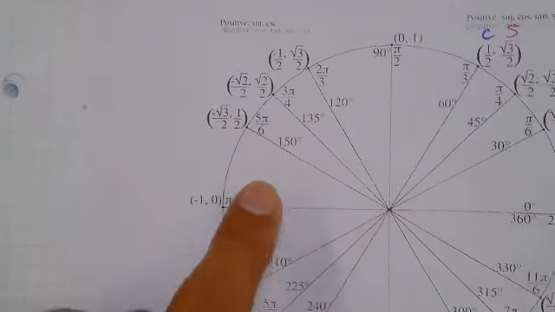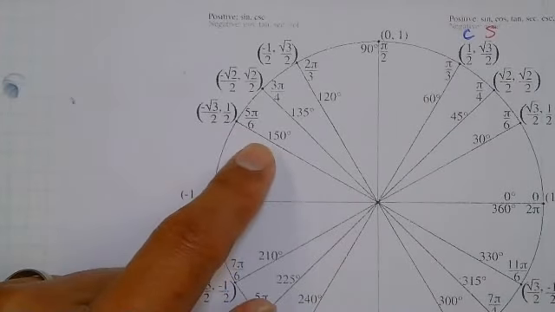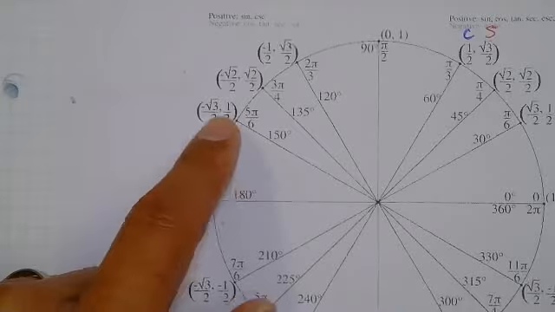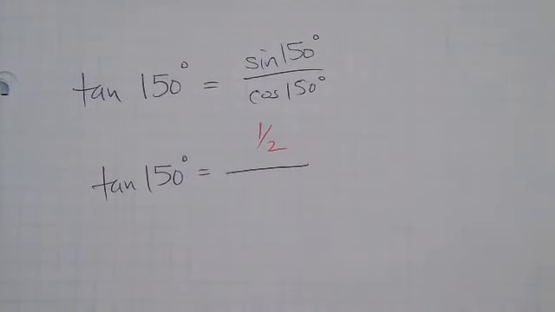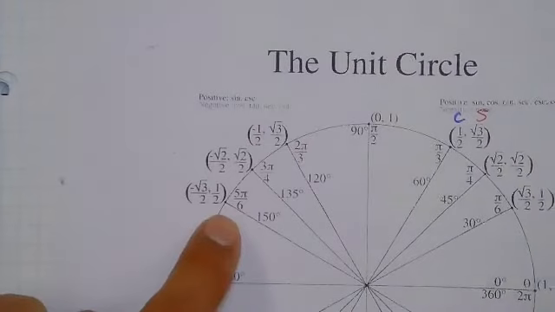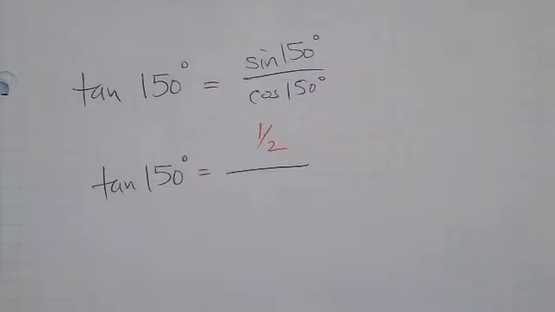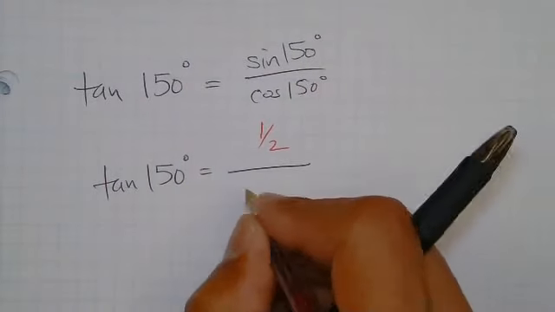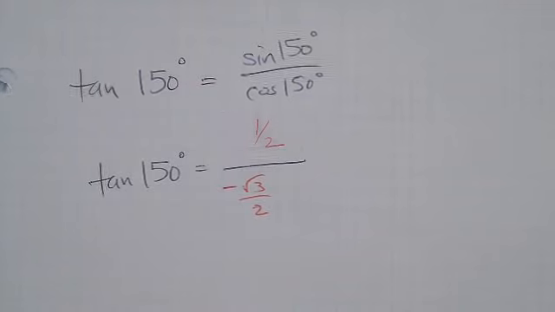Well, let's see. Here's 150 degrees. Sine is 1/2. Yeah? Divided by what? Cosine? Negative root 3 over 2. Can you guys see that's a negative root 3 over 2? Yeah.